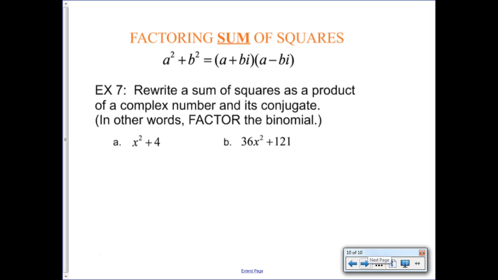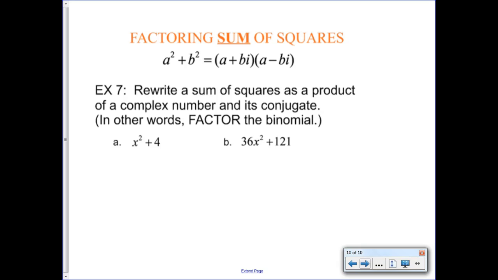All right, last piece then, and I told you we would come back to this in a previous lesson, factoring the sum of squares. We said we could only do the difference of squares. Well, turns out the sum of squares does work, but not with real solutions. So rewrite a sum of squares as a product of a complex number and its conjugate. In other words, factor the binomial.